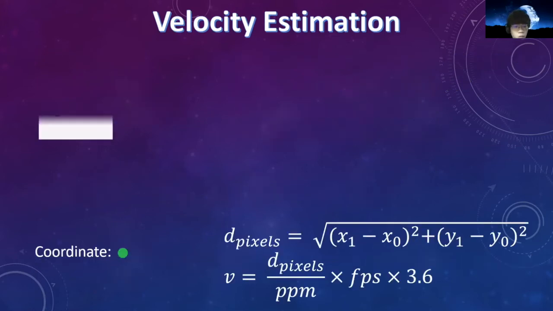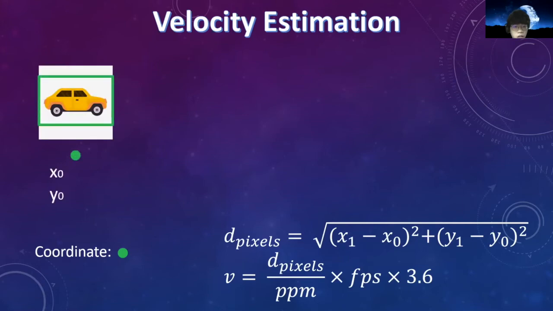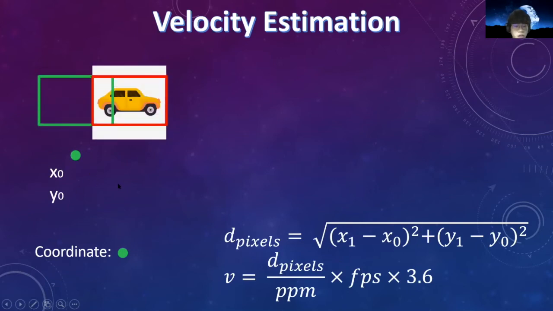Okay, so again, we'll have a car and a correct detection. After we detect the car, we will have x0 and y0, which are the coordinates of the first position of the car. After we predict the next position, the car will have x1 and y1.